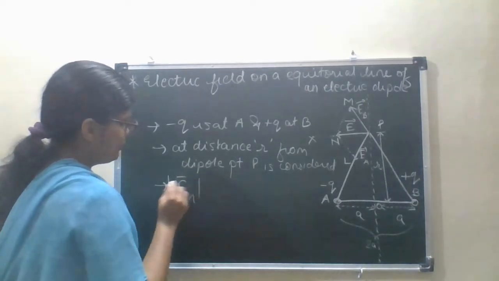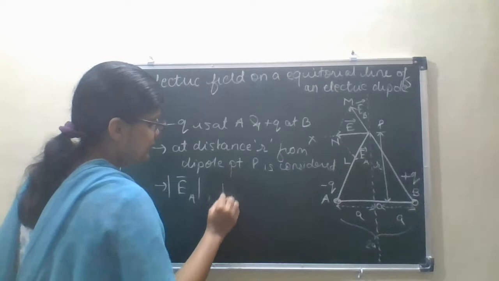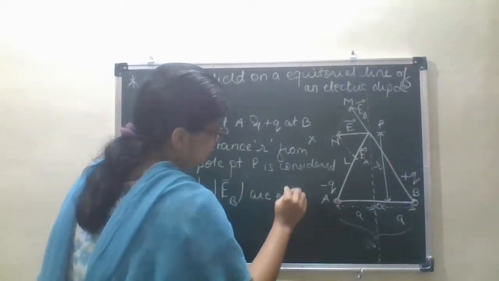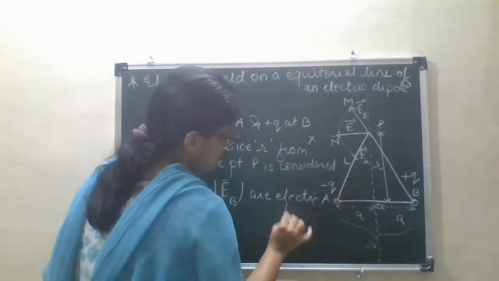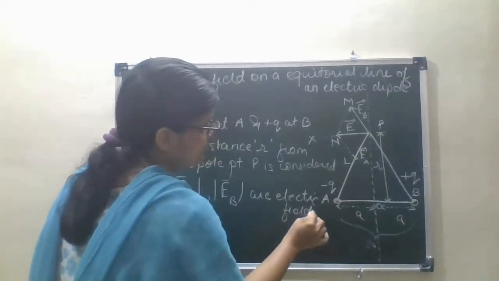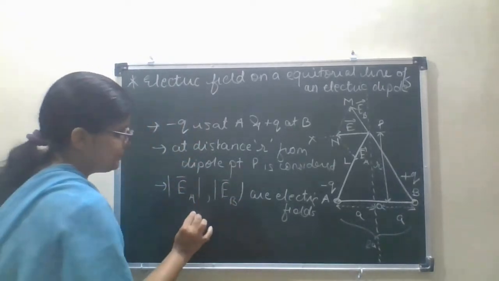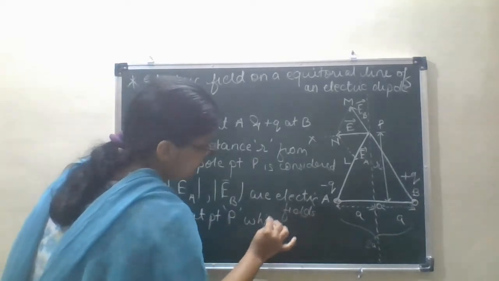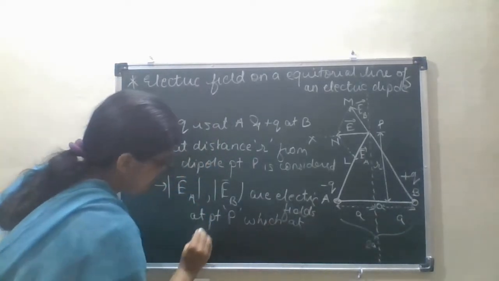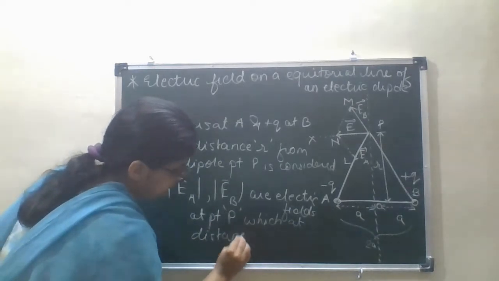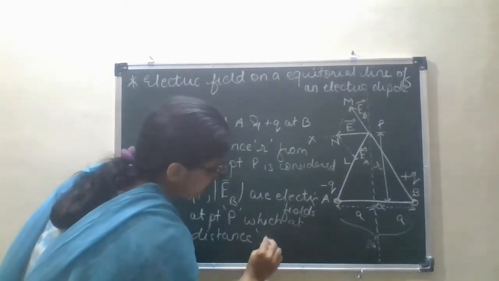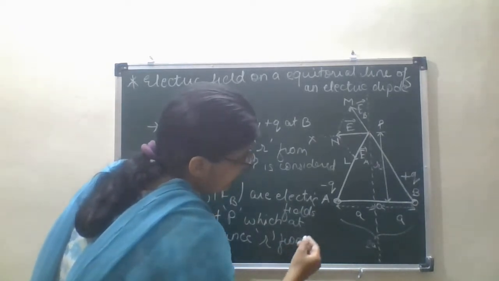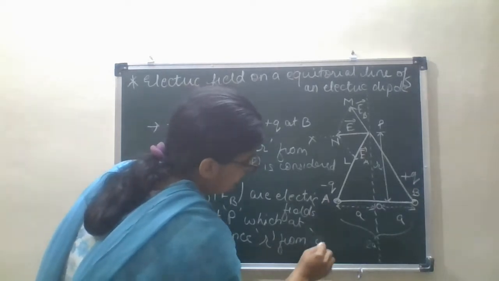Mod of EA is not considered here, but still EA and EB are electric fields at point P, which is at a distance r from O, the center of the dipole.